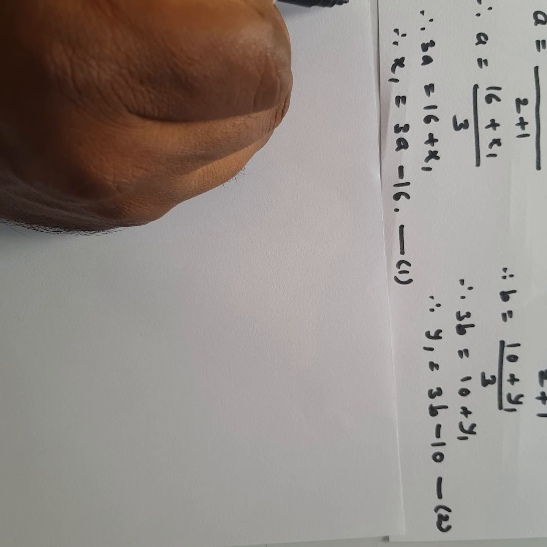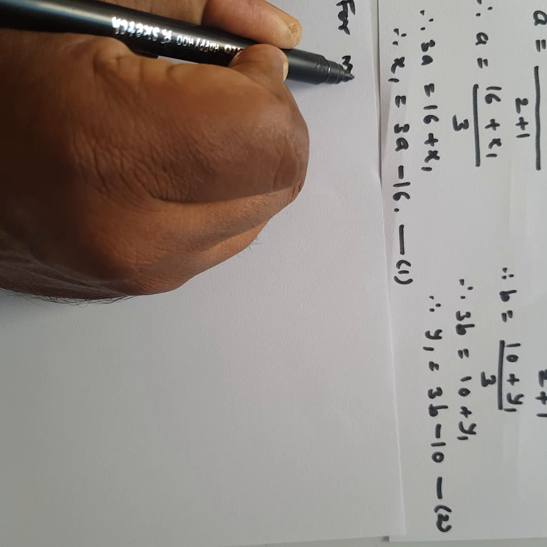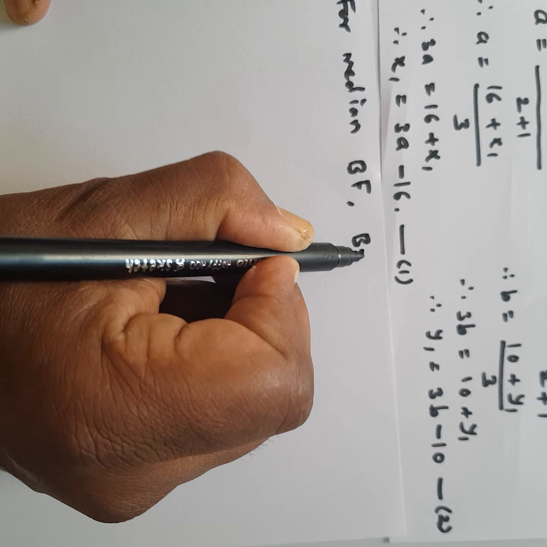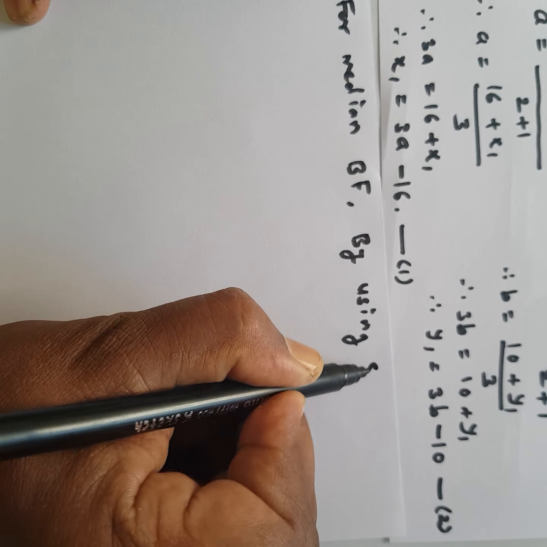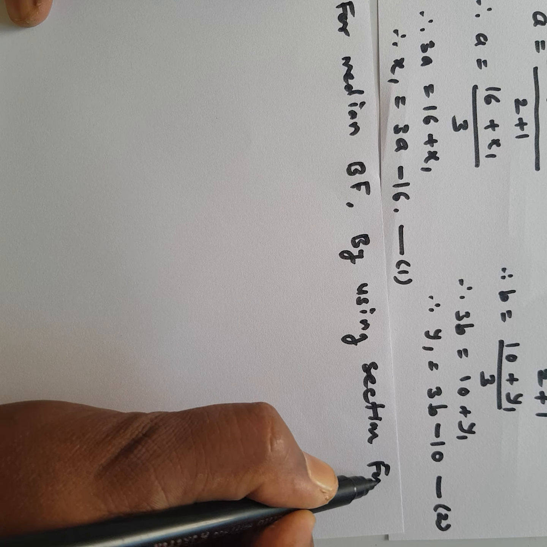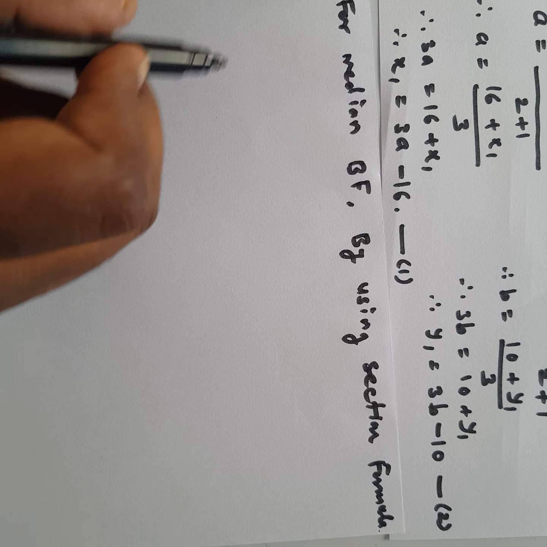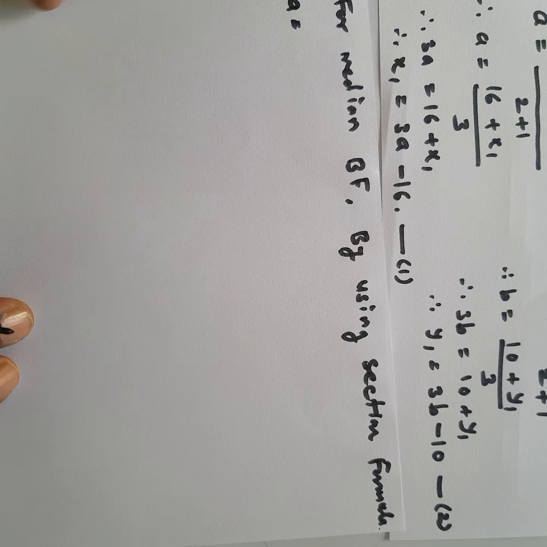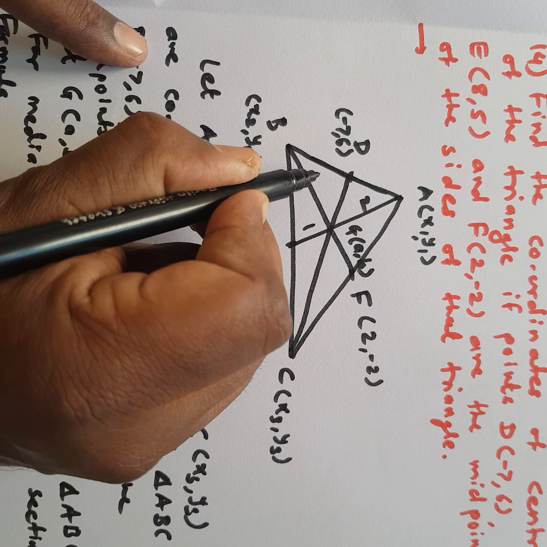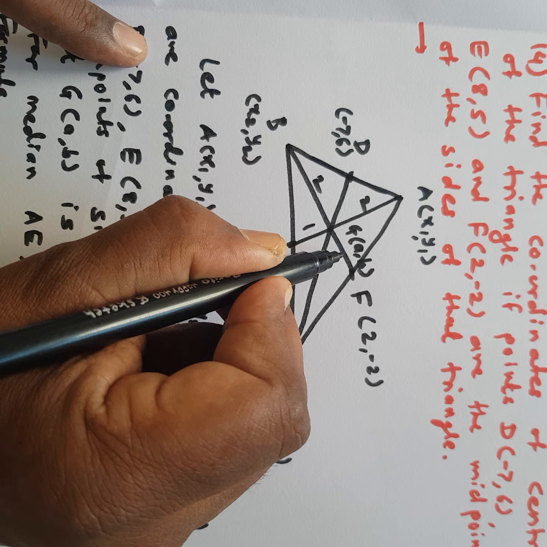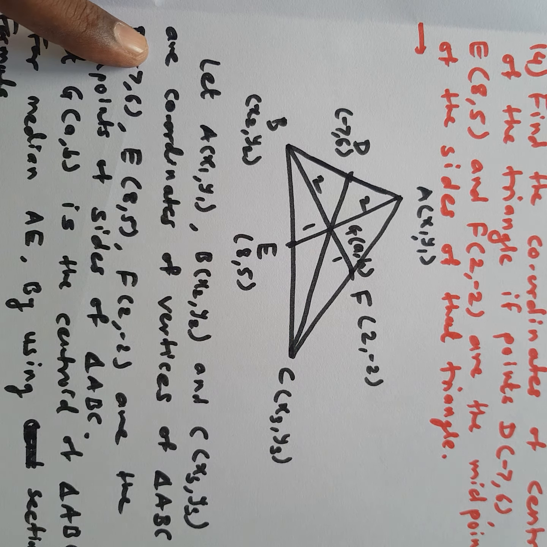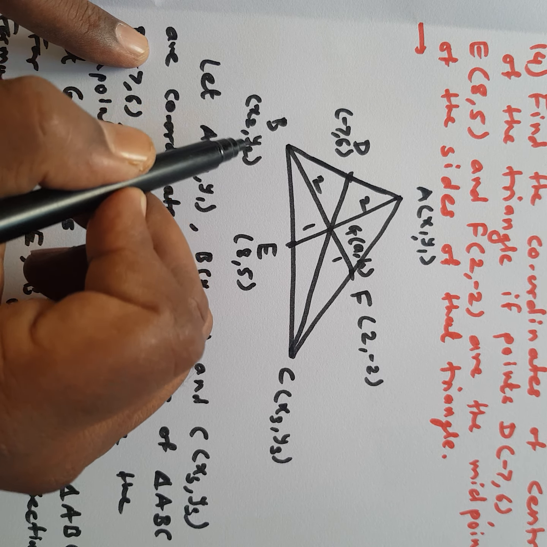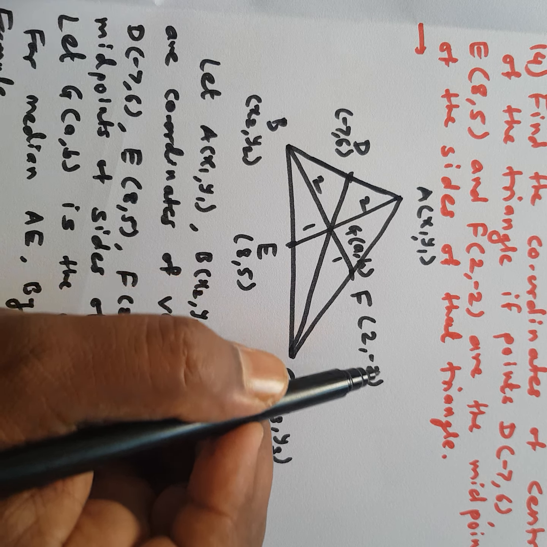Then for median BF, by using the section formula, here see in the figure, point G divides segment BF in the ratio 2:1, m is equal to 2, n is equal to 1, and the coordinates are (x2, y2) and the coordinates of point F (2, -2).